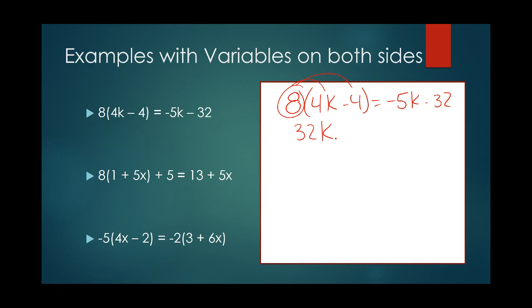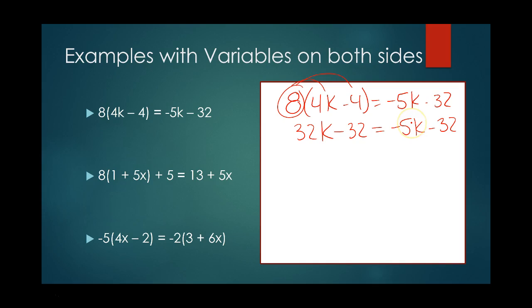I'm sorry, I said the wrong variable. 8 times negative 4 is also 32 again. So now I have something that is simplified on the left and simplified on the right. So 32k and 32 are not like terms because this 32 does not have a k with it. Okay, so I'm looking at something that is simplified.